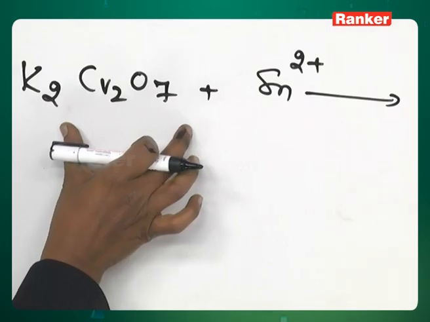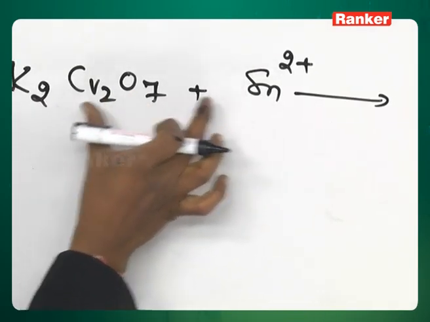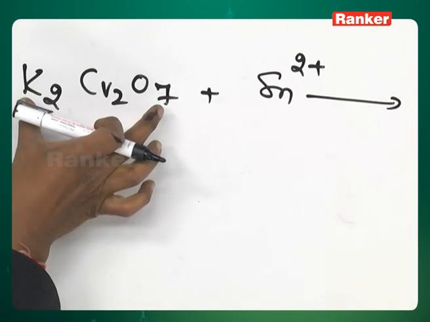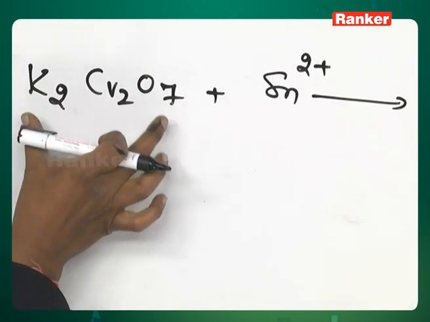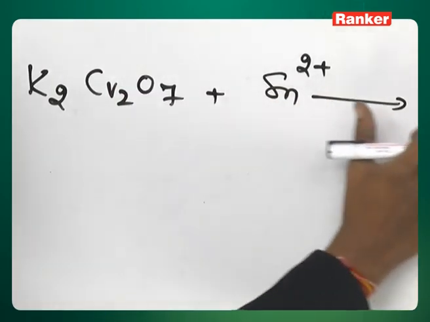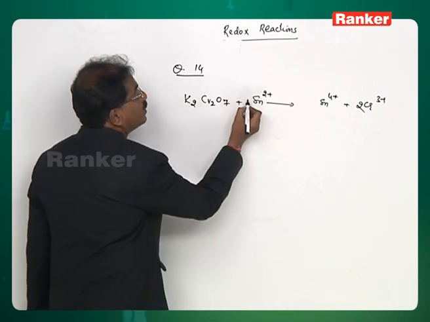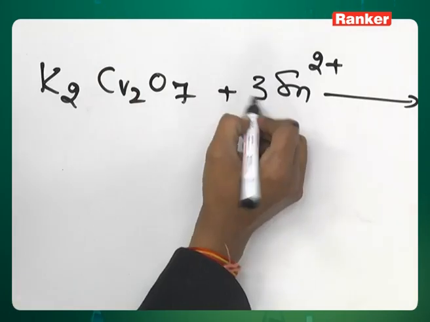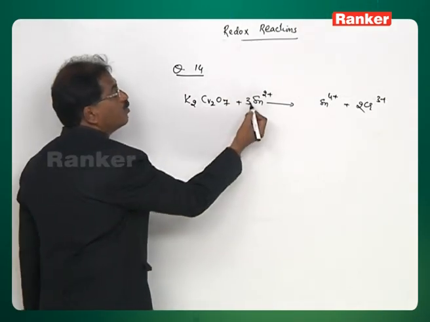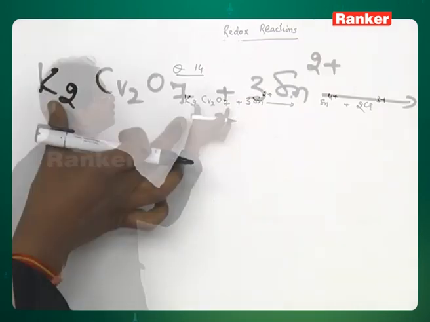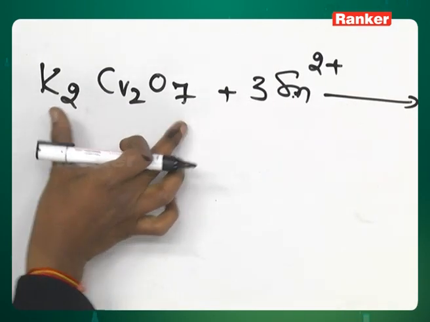According to this reaction, first you equalize the number of electrons that are being exchanged. See here, 1 mole of K2Cr2O7 requires 6 moles of electrons. But here 1 mole of Sn2+ supplies only 2 electrons. Therefore, in order to adjust the electrons that are being exchanged, put 3 here. If you take 3 moles of Sn2+, 3 moles will supply 6 electrons. All those 6 electrons will be absorbed by 1 mole of K2Cr2O7.